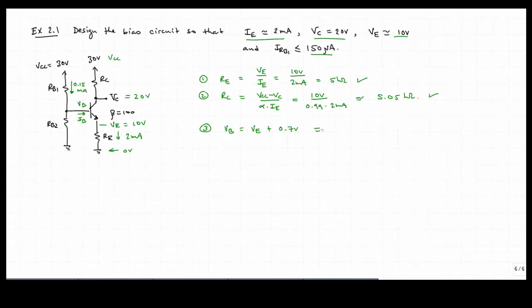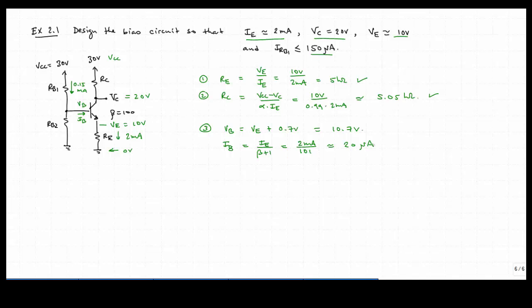So this will be equal to 10.7 volts. And the base current is going to be equal to the emitter current divided by beta plus 1. So that's 2 milliamps over 101, which is approximately 20 microamps.